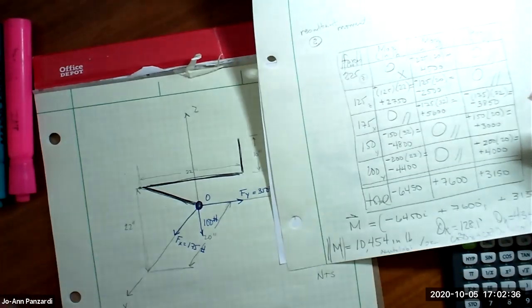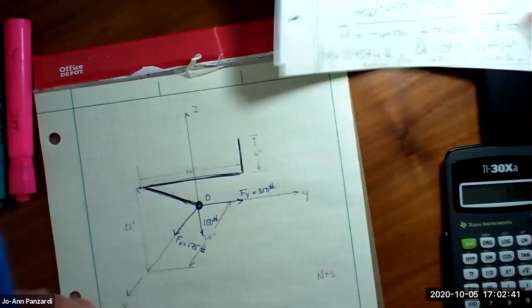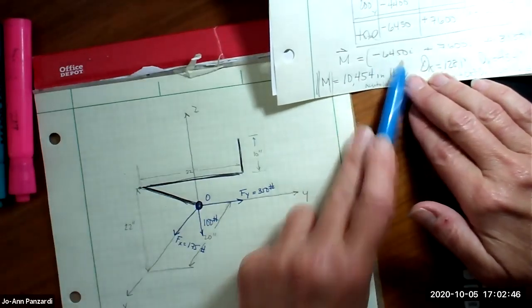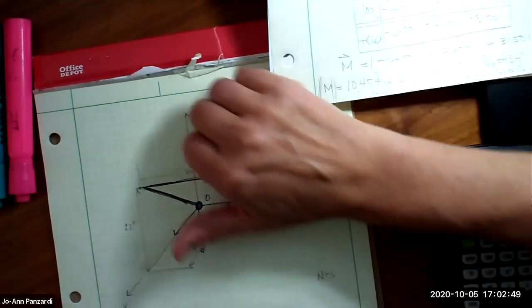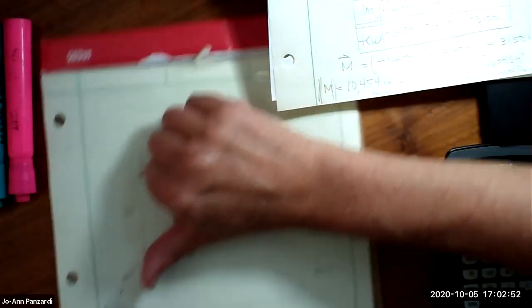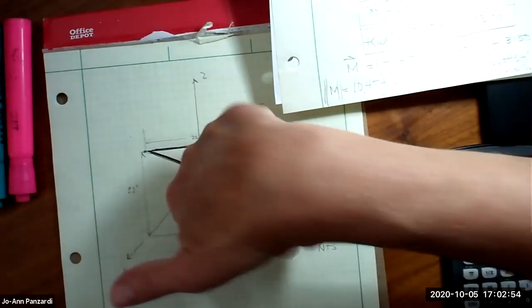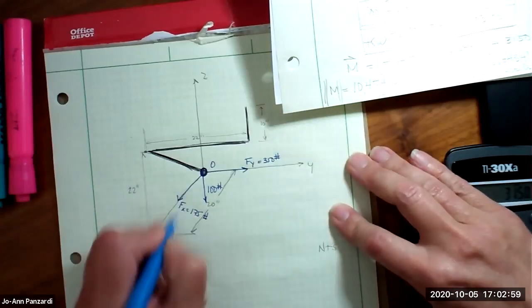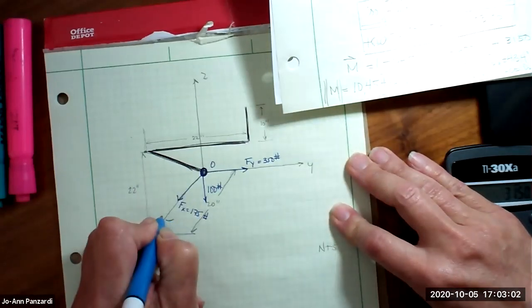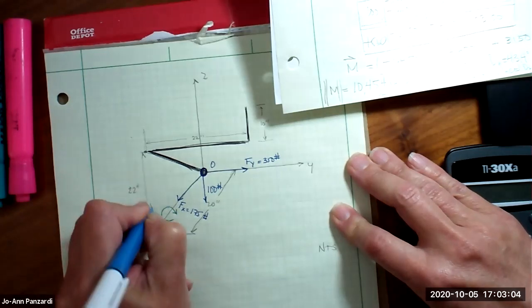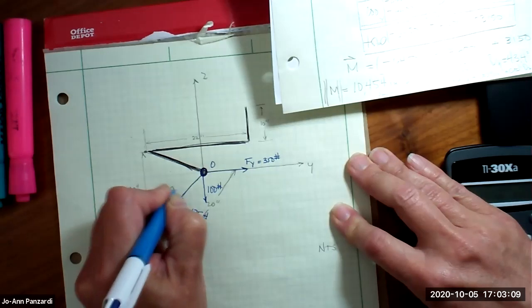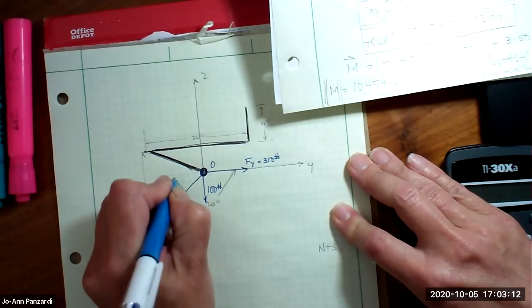Let's draw the moment in green. My moment created by this force is negative 6450 around the x-axis. If I put my finger in the direction of x, and the force was positive, it would be spinning that way, but the force is negative, so it's going around like this. And that moment around the x-axis is 6450 inch-pound.